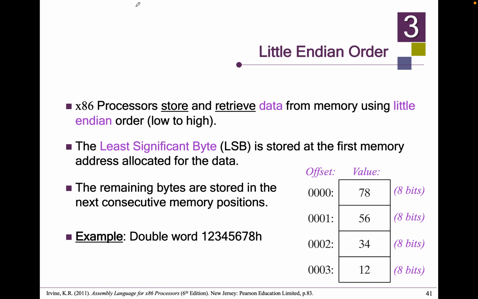So this is the meaning of Little Endian order. In this diagram it starts from above, but normally it is at the bottom part, because the addresses are 0 0 0 0, 0 0 0 1, 0 0 0 2, 0 0 0 3.